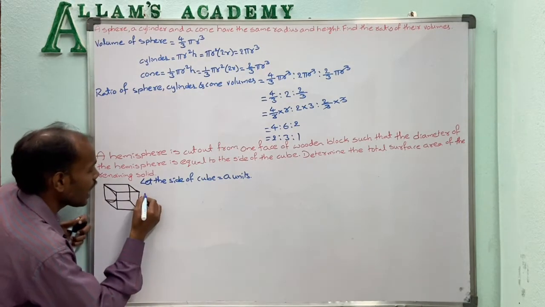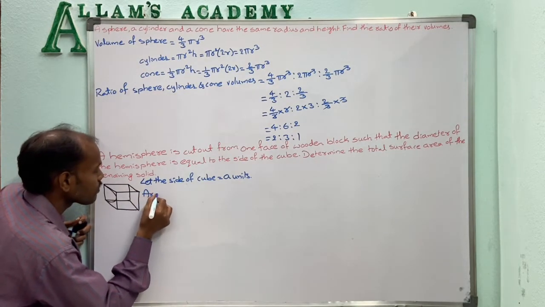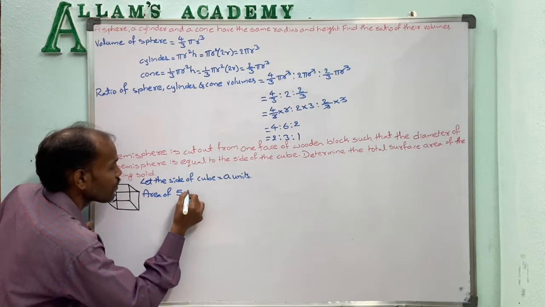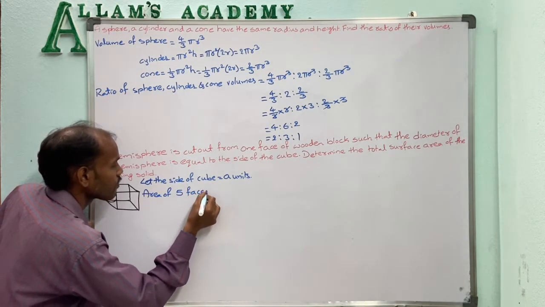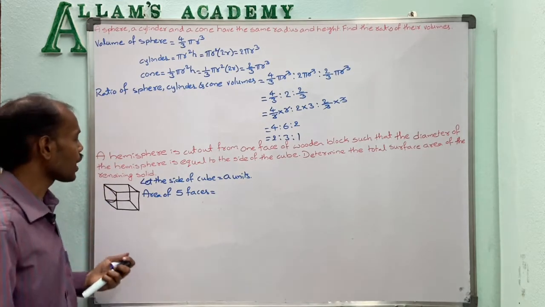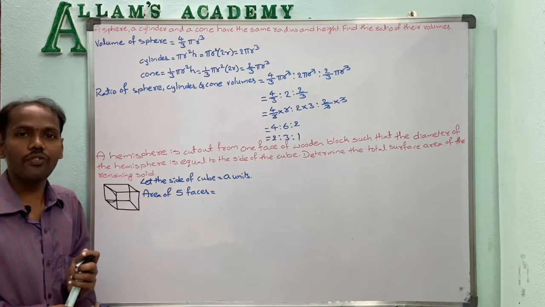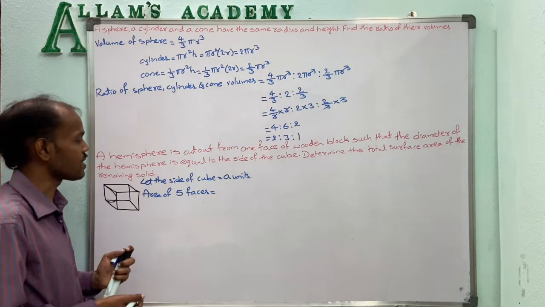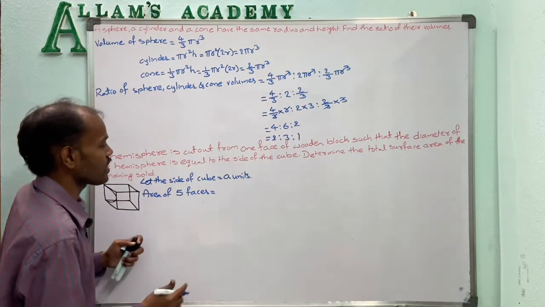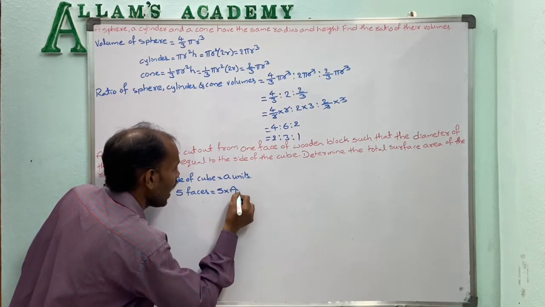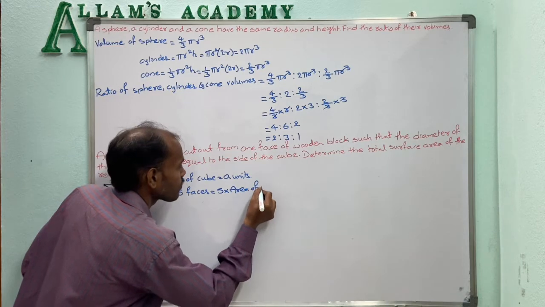So area of 5 faces equals 5 into area of square.